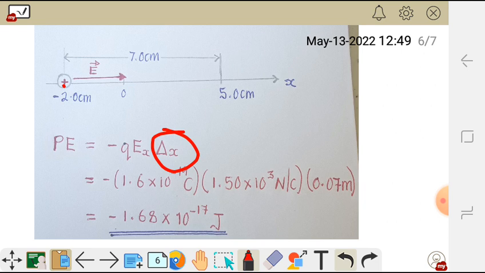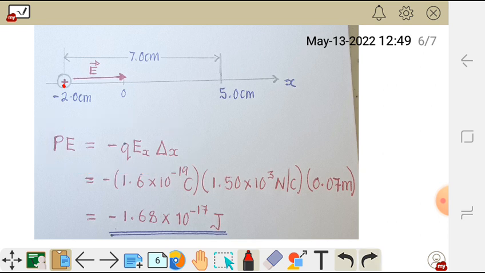Remember, distance needs to be converted to meters, so we're going to divide that 7 centimeters by 100, and it will be 0.07 meters. So our potential energy will be equal to -1.68 × 10^-17 joules.